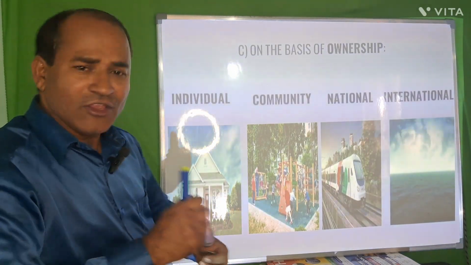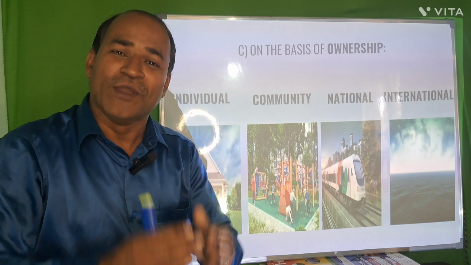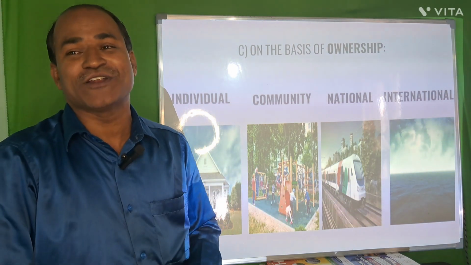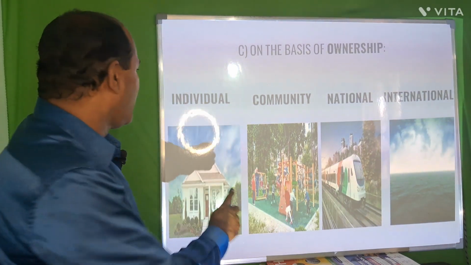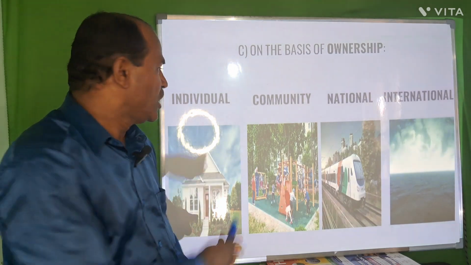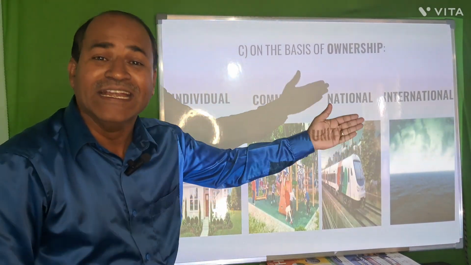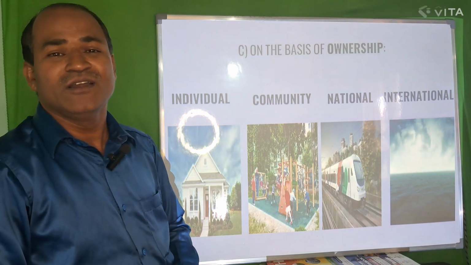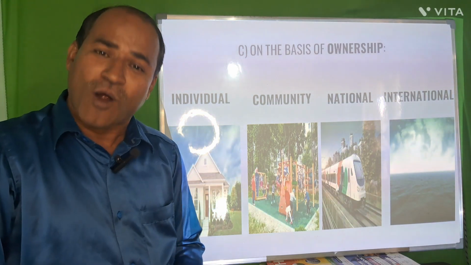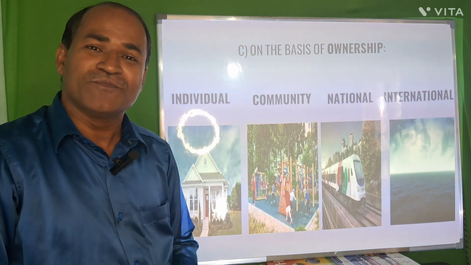Okay, students. On the basis of ownership, we have another classification of resources: individual resources, community resources, national resources, and international resources. Let me tell you what individual resources are.